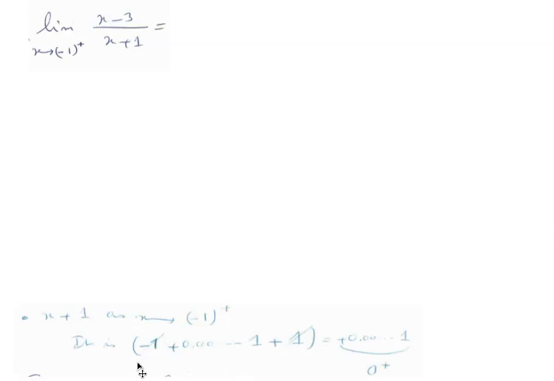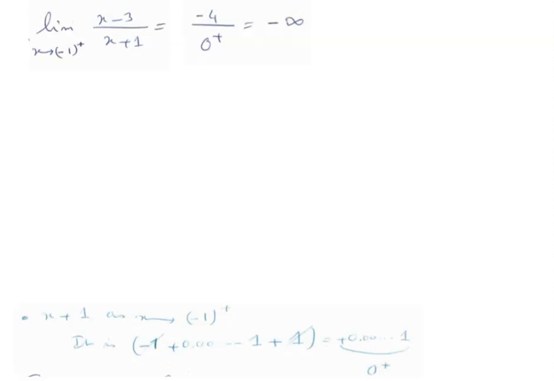The minus 1 and the plus 1 cancel. The answer is 0.00001, which is 0 plus. If we replace x by minus 1, the numerator is negative 4, the denominator is 0 plus. And when you have a negative value divided by 0 plus, it is minus infinity.